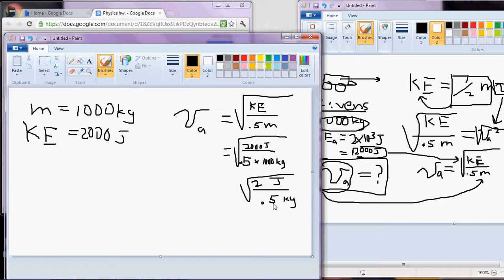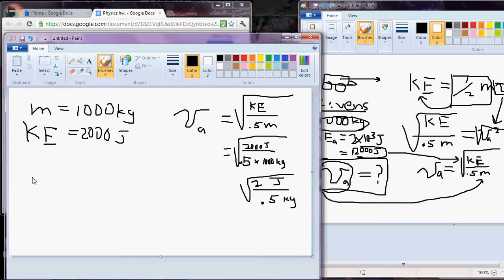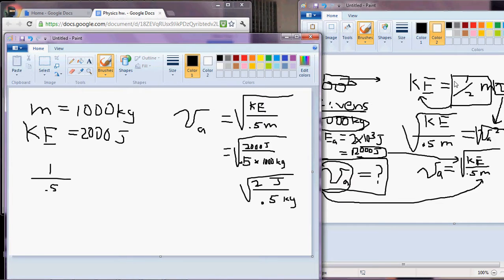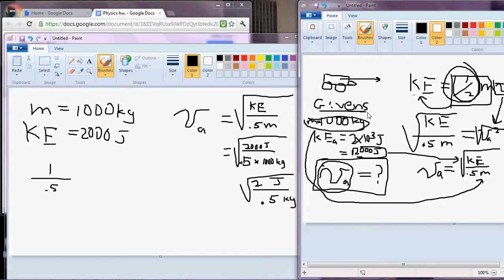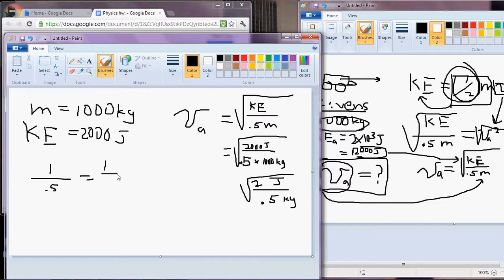When you divide by 0.5, it also multiplies by 2, because 0.5 is also 1/2, as we said before. So I just converted it: 1 divided by 1/2.